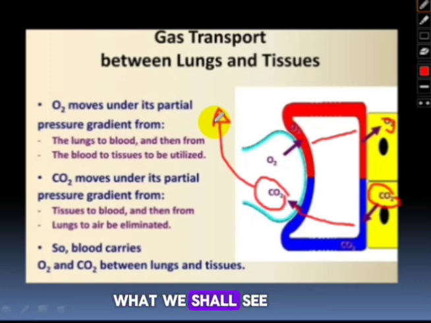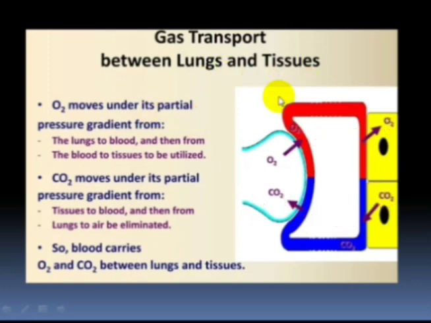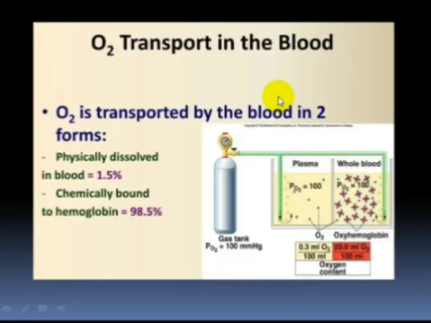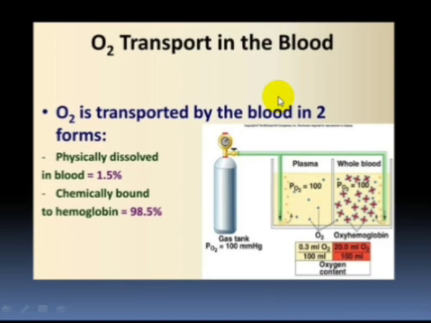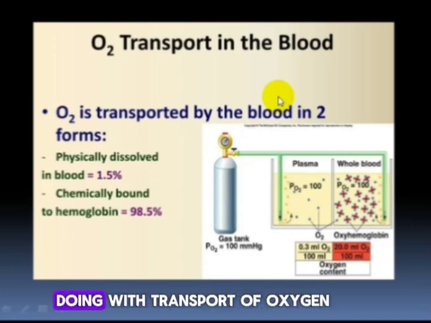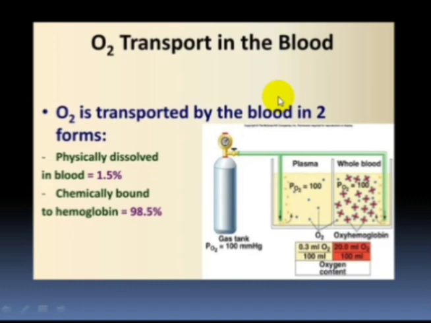But we shall see in this class how both oxygen and carbon dioxide are transported by the blood. So we want to begin the lecture by looking at transport of oxygen. When we are done with that, we will look at carbon dioxide transport.